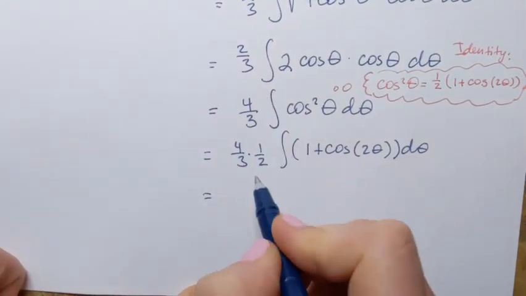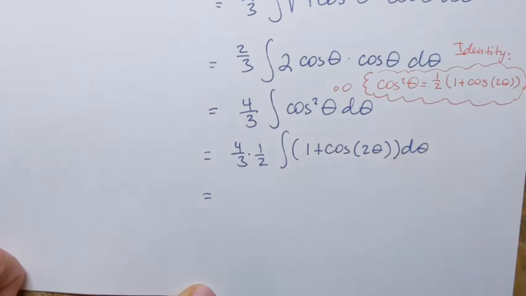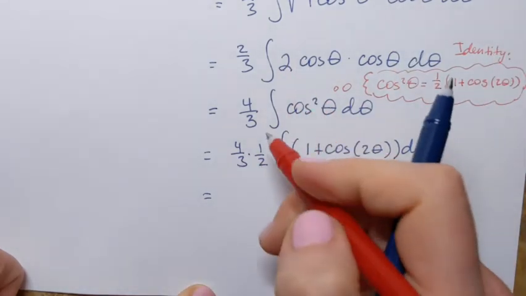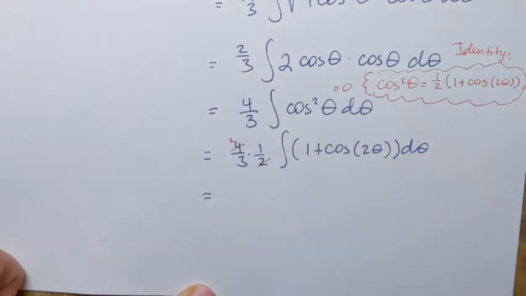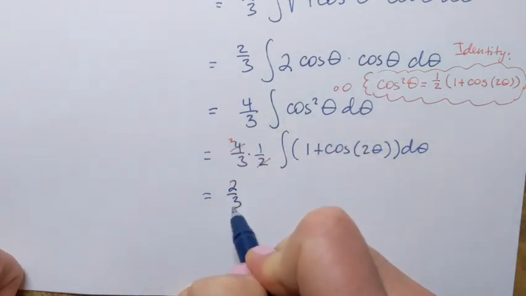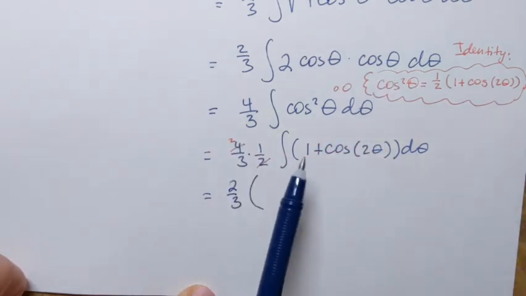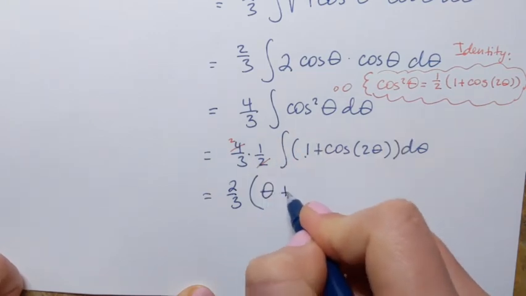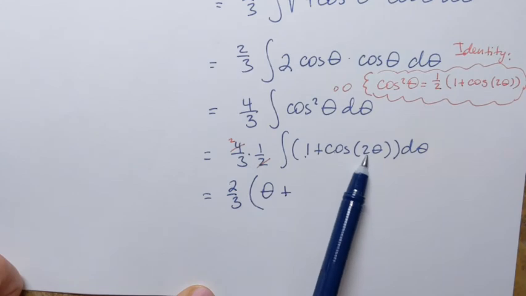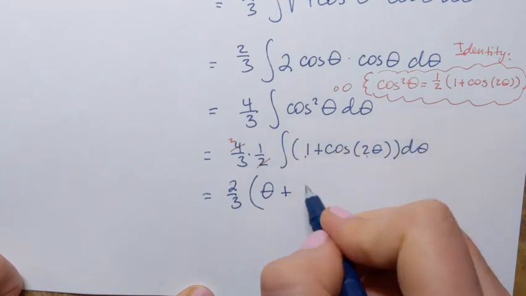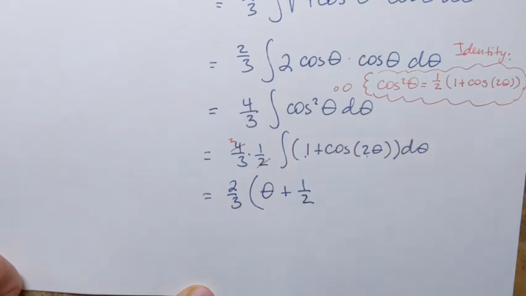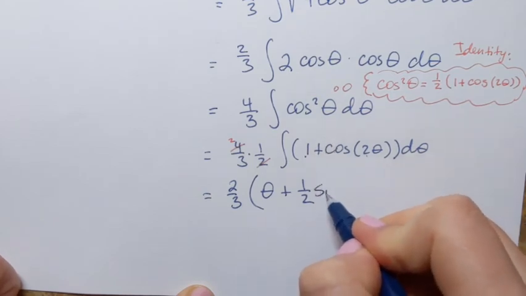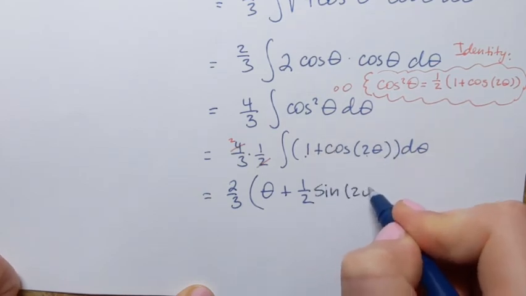Okay, and then I can easily evaluate. So first of all, the number in front is 2/3, right? I can divide out to 2/3, and that's the result of integration. So integral of 1 is just theta, plus an integral of cosine of 2 theta is 1/2 sine of 2 theta.